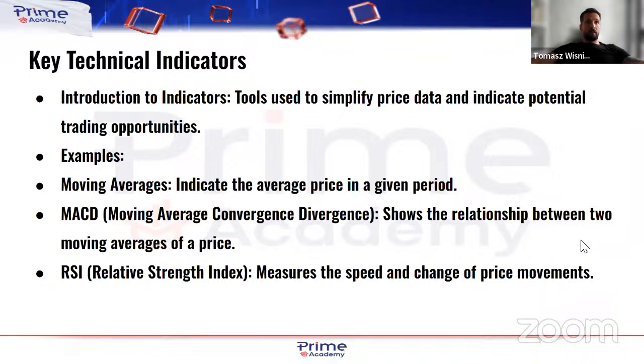As for the key indicators, we have, for example, MACD, RSI. After the slides, I will move to the platform and show you those indicators. We also have moving averages. They are used by traders to estimate the trend: if there is a downtrend, uptrend, or the trend is changing.